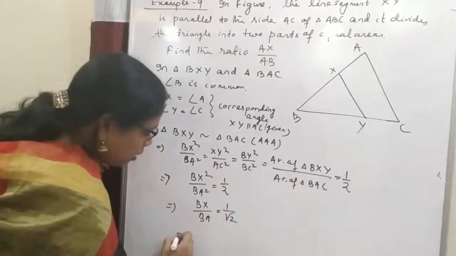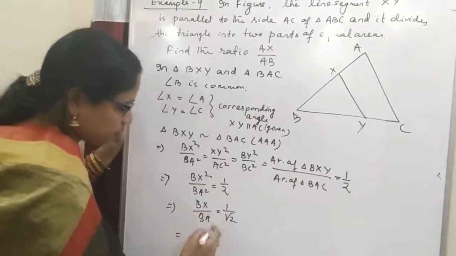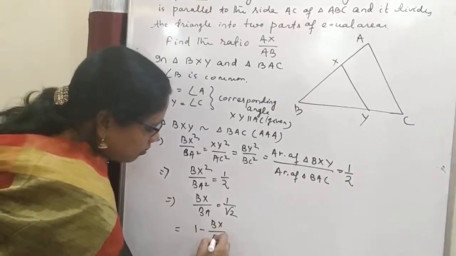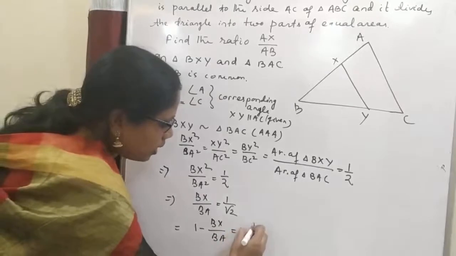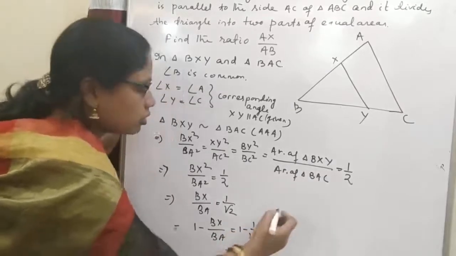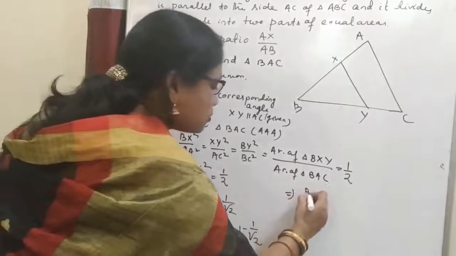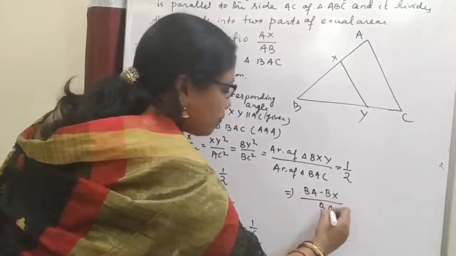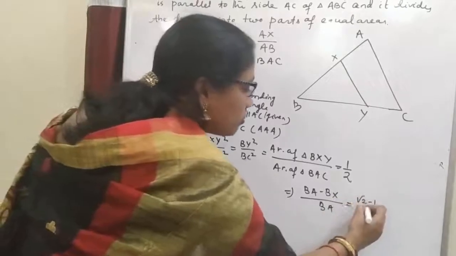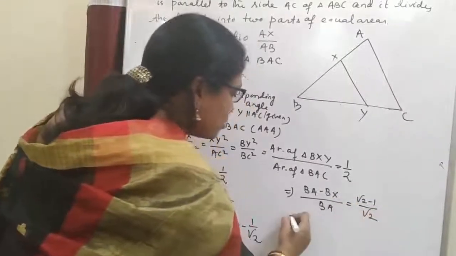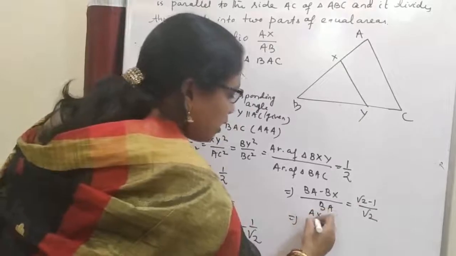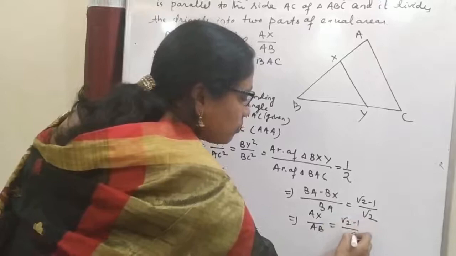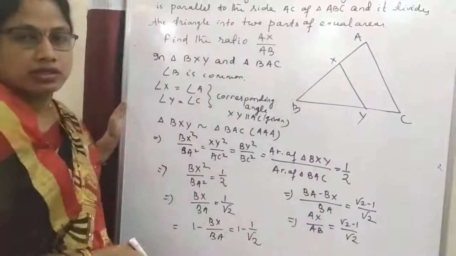So 1 minus BX by BA is equal to 1 minus 1 by root 2. So this implies BA minus BX by BA is equal to root 2 minus 1 by root 2. So AX by AB is equal to root 2 minus 1 by root 2. So this is the answer.